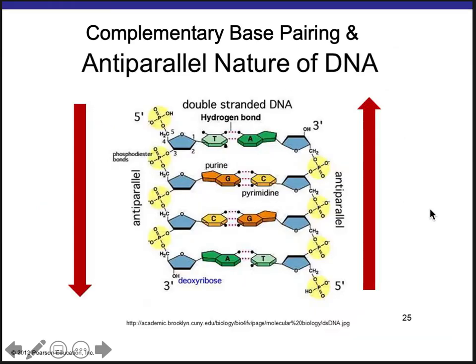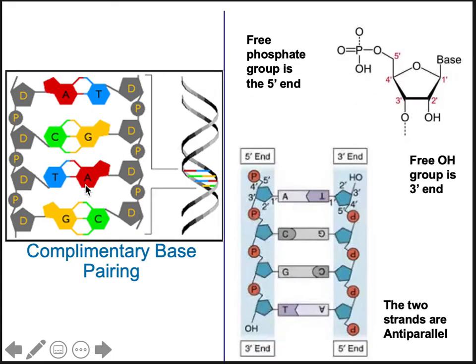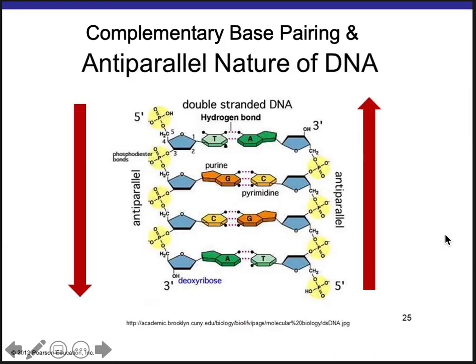Okay, and this is showing the same thing, but here you can see that the 2 hydrogen bonds are labeled and the 3 hydrogen bonds here, and that the small molecule is the pyrimidine and the large molecule is the purine. So it's just giving you a little bit more detail than the other image, but it is showing you all the same things that we just talked about.